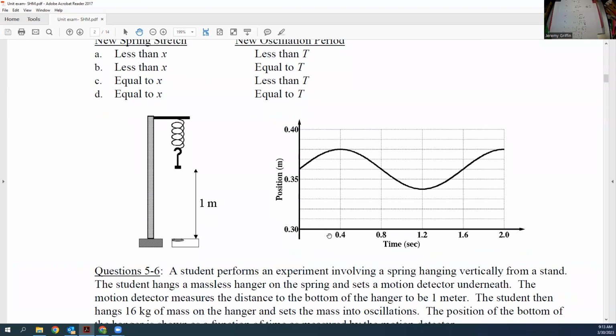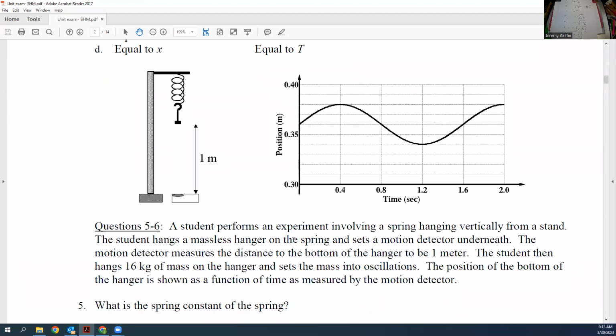All right, 5 and 6. A student performs an experiment involving a spring hanging vertically from a stand. The student hangs a massless hanger on the spring and sets a motion detector underneath. The motion detector measures the distance to the bottom of the hanger to be 1 meter.